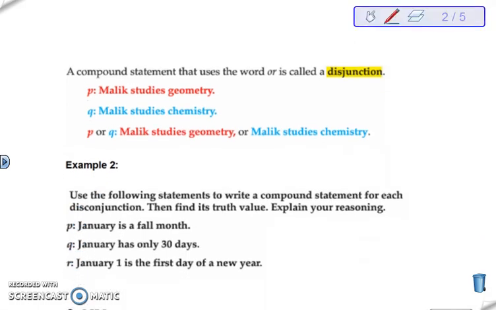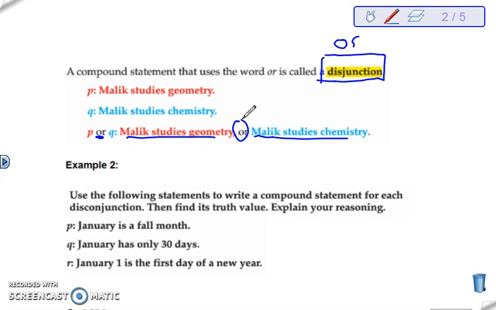Okay, so another type of compound statement is a disjunction. This means they are connected with the word or. So again, example, P or Q means write statement P, write statement Q, and put an or.